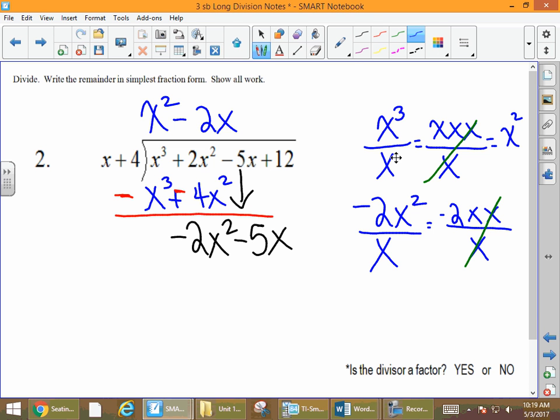Negative 2x times x is negative 2x squared. Negative 2x times 4 is negative 8x. Change both signs.